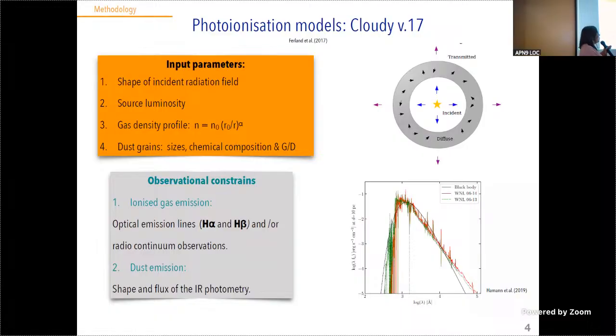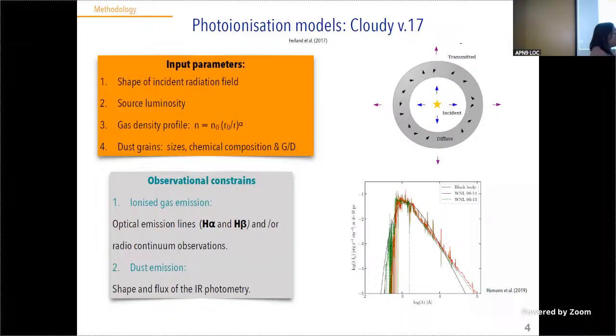With this in mind, we use a stellar atmosphere model of the central star, specific for each object that we model. Here is an example of a stellar model of a Wolf-Rayet star in comparison with a black body.